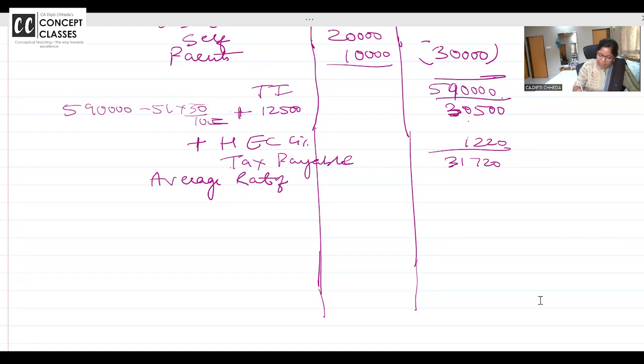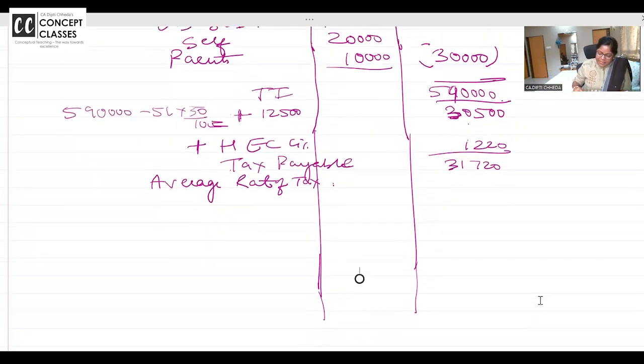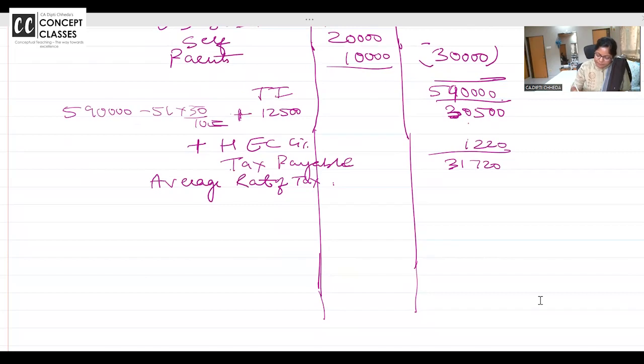Now let us calculate the average rate of tax in India. 31,720 is paid on 5,90,000.